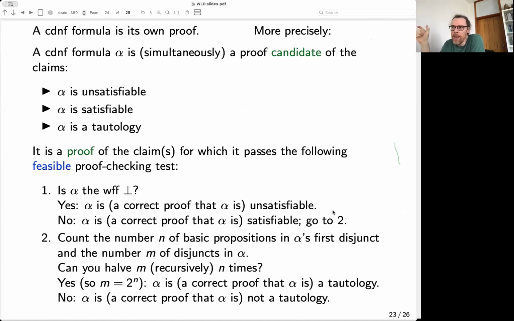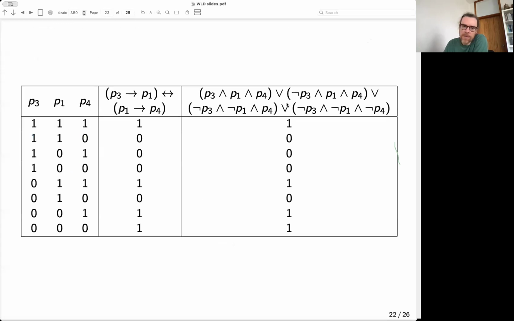And then you take the second one, m, and you see whether or not you can halve it, and then halve it again, and halve it again, and so on, n times. Either you can do that, or you're going to run out. So, in this case, suppose we have m is 4. You can think of it as a kind of Turing machine. It's got 3 strokes representing the number of basic propositions in the first disjunct, and then 4 strokes representing the number of disjuncts.